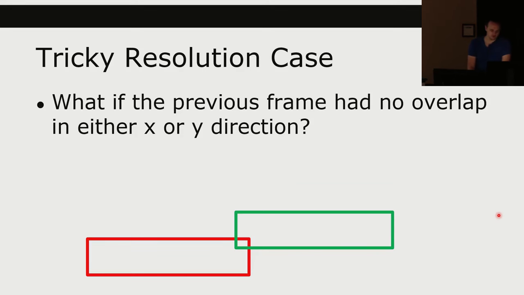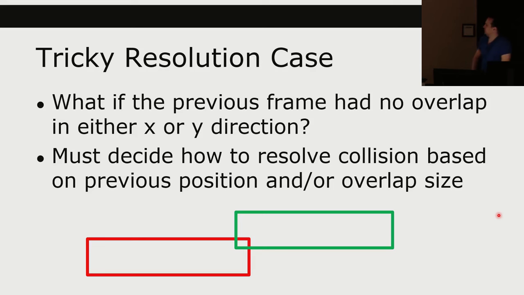For example, you might say, I want to resolve all diagonal collisions by pushing it up. Or maybe I push it up by the entire overlap so it lands right on the corner. Or maybe if the x value is greater than the y value, then it collides with the side; if the y value is greater, it collides with the top, or whatever. But you have to decide on something for this.